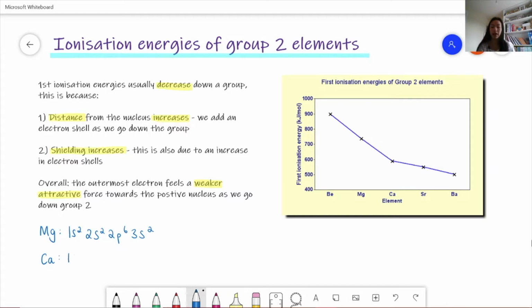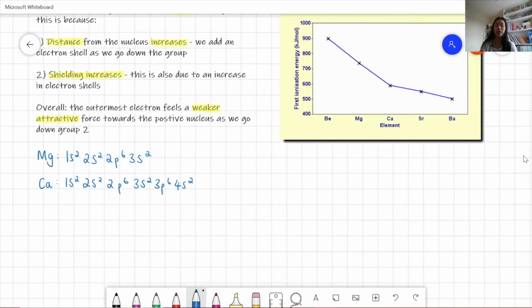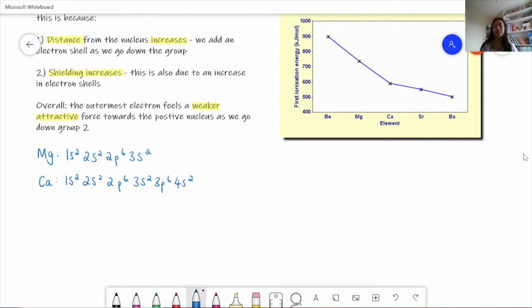So we have 1s2, 2s2, 2p6, 3s2, 3p6, and then 4s2. And if I draw this on an energy level diagram, it'll become a bit clearer as to why calcium's electron is easier to remove.